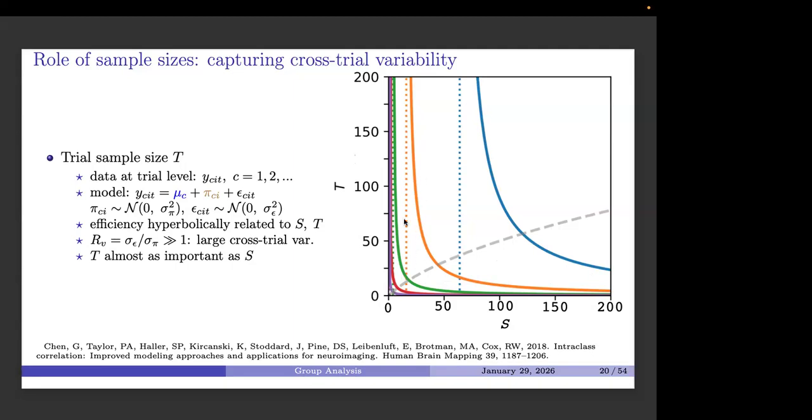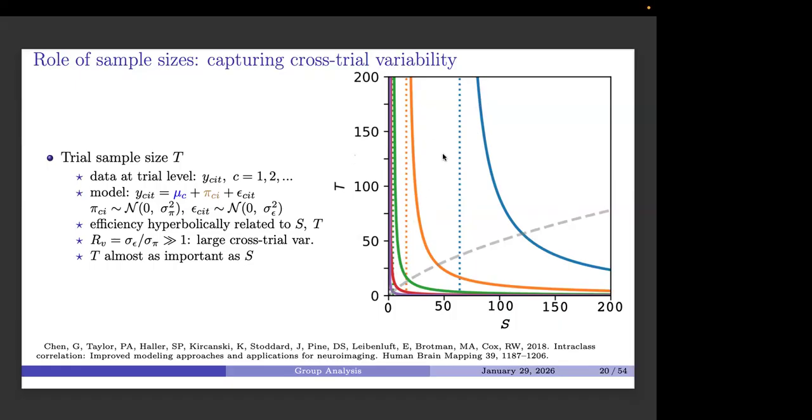Yes. The different color codes are the RV, the ratio of the variance. That's right, because that's where the vertical asymptote is moving. So different colors show the ratio.